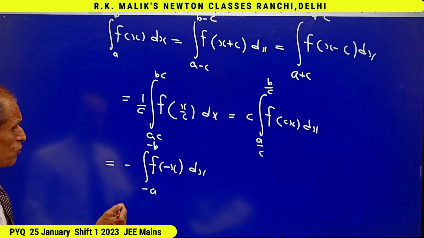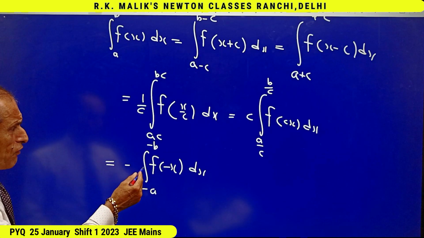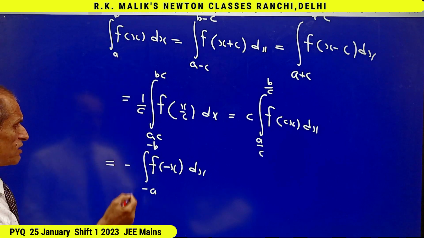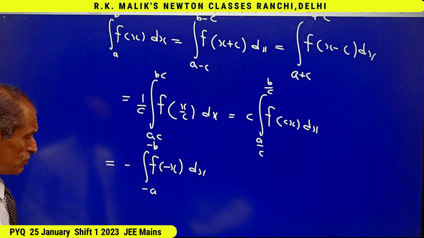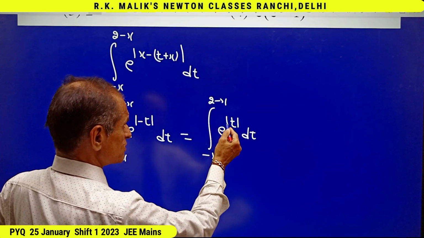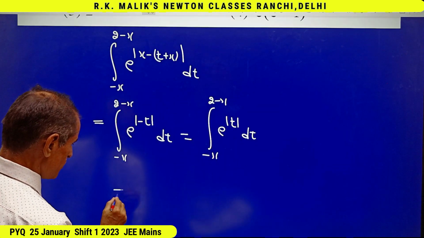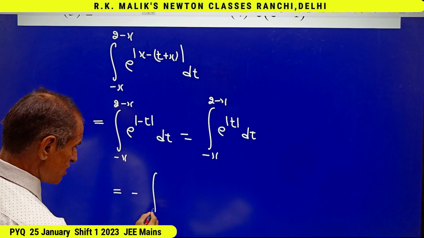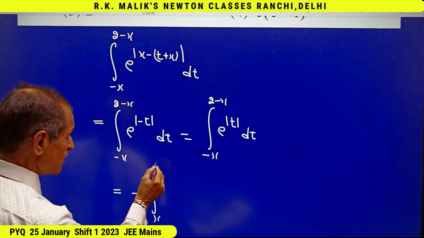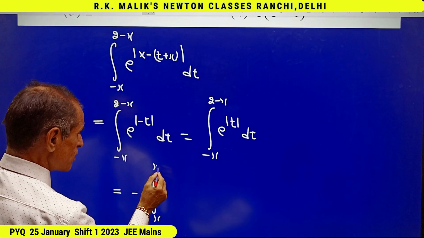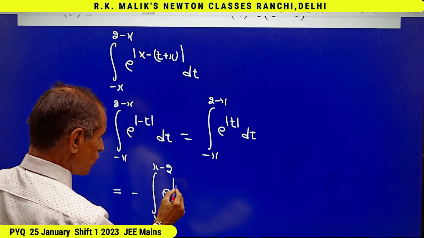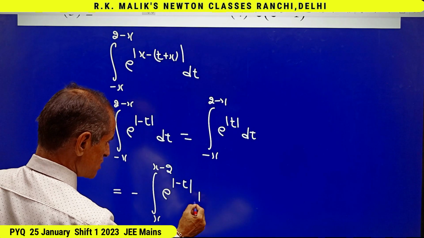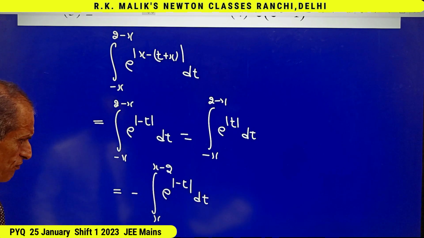Therefore, as I told you, if I want to write minus x for x, I will have to take negative here also, and here also. And here the variable is t. This will become equal to minus x, and negative of this will be x minus 2 to x, e to the power mod of minus t, dt.